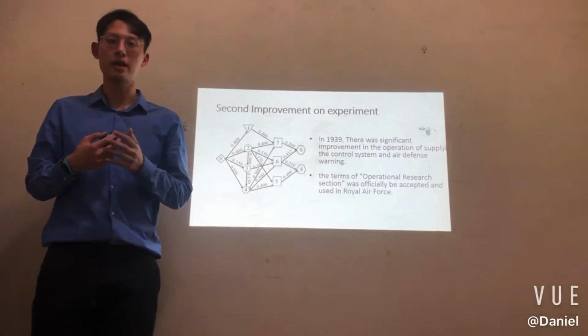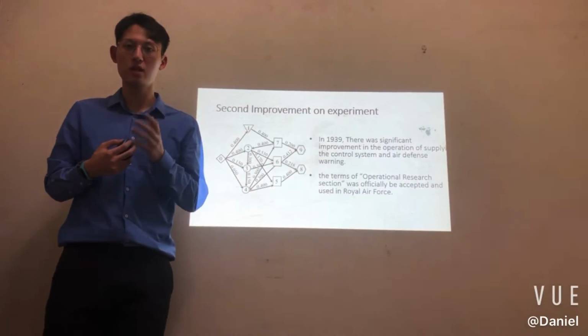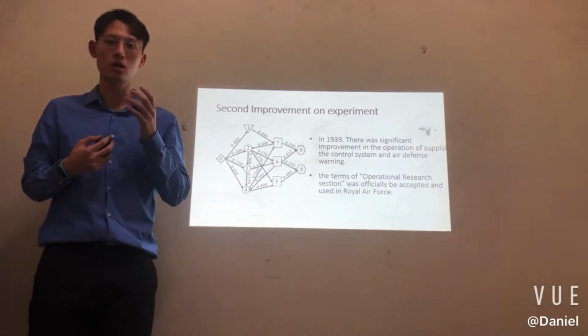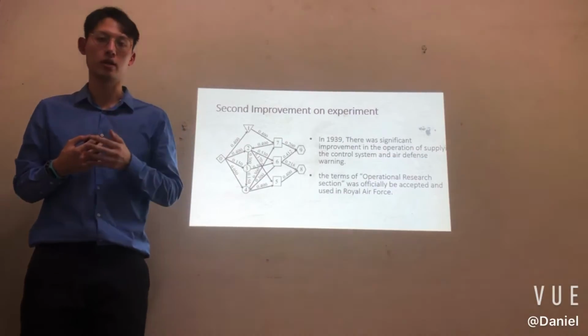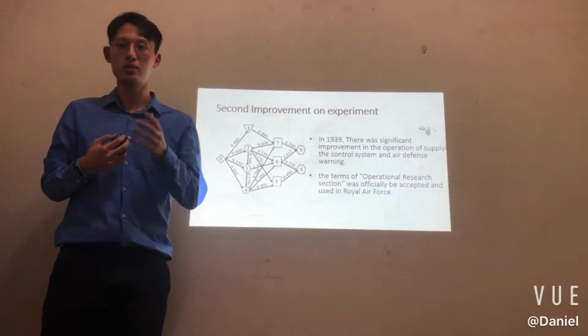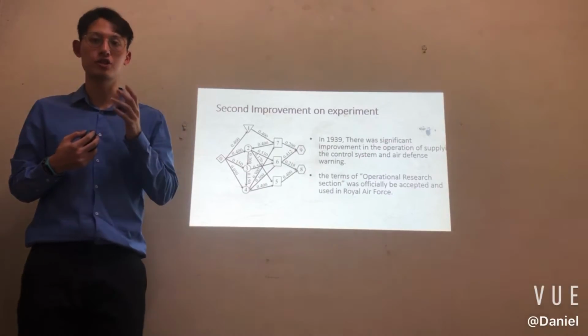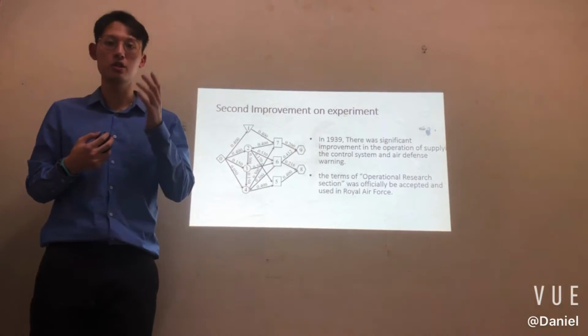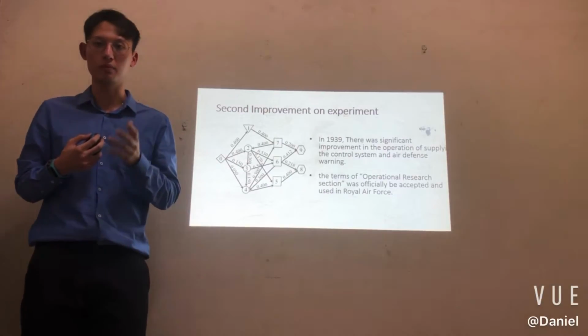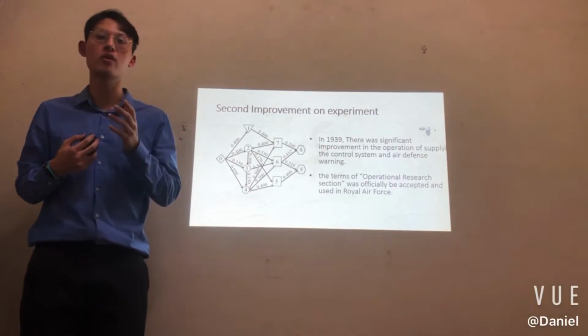In 1939, there was significant improvement in the operation of the supplying control system and air defense warning. The improvements were credited to the operational research team, and the term operational research sections was officially accepted and used in the Royal Air Force.